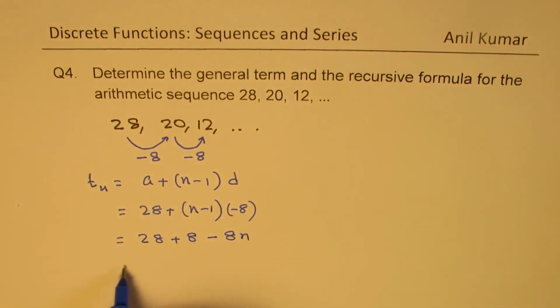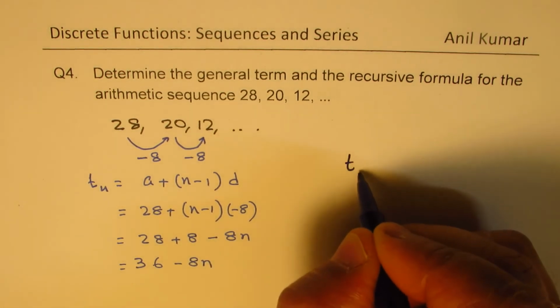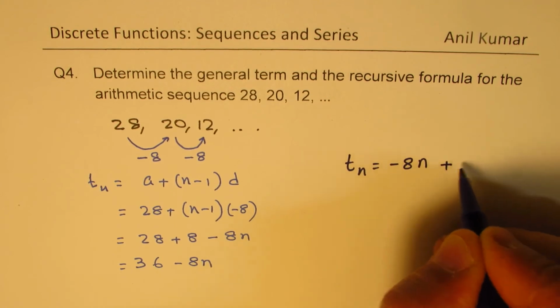So add this, 8 plus 8 is 16. So we get 36 minus 8n. So the general formula is Tn equals minus 8n plus 36.